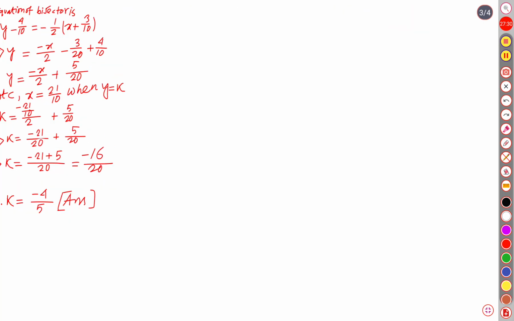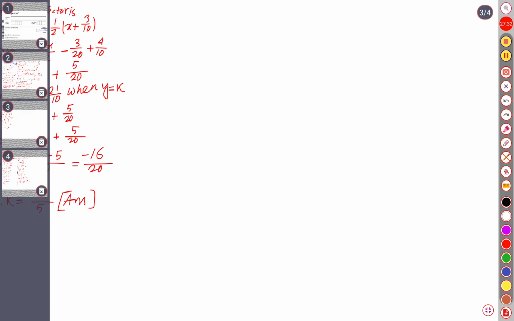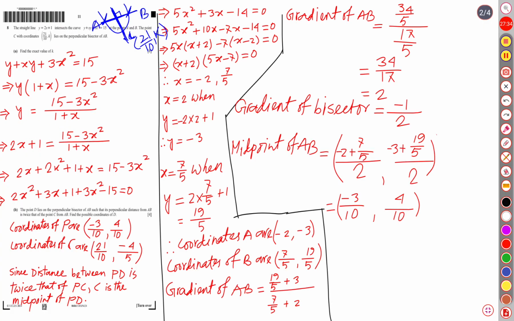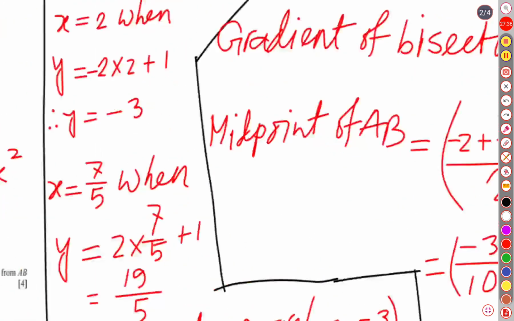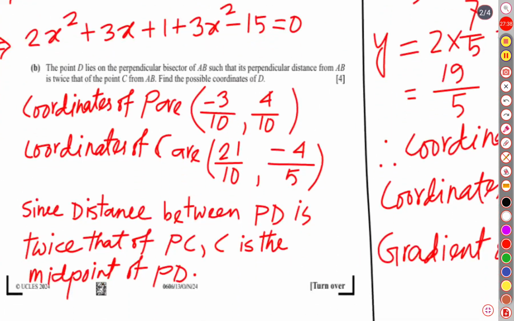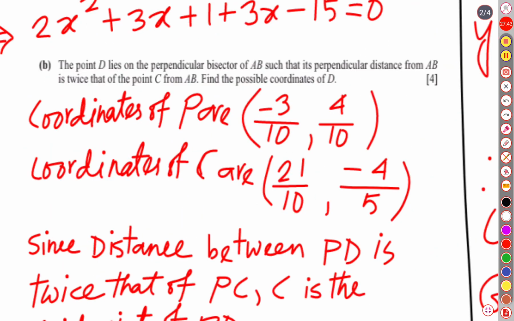Well, now we are going to solve question number b. What does b say? Let me see the question number b. B says the point D lies on the perpendicular bisector of AB such that its perpendicular distance from AB is twice that of the point C from AB.